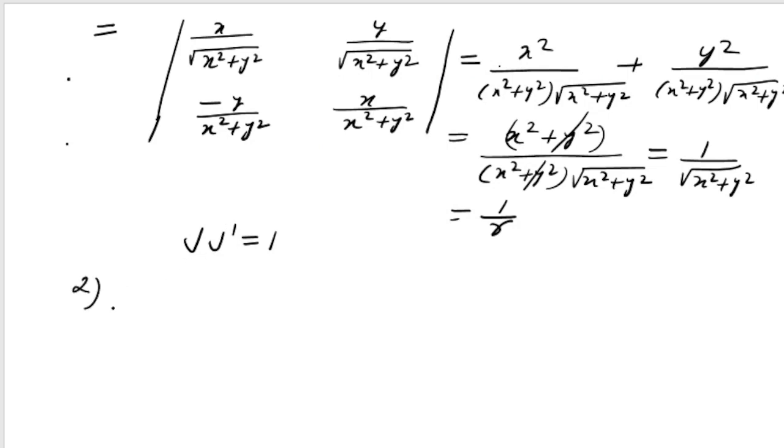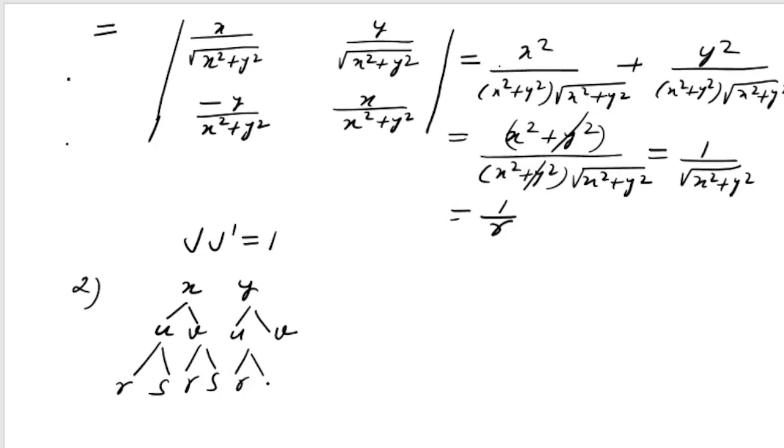Another property of Jacobian that I want to talk about: suppose we have two variables x and y, and suppose x and y are dependent on the variables u and v, and suppose u is further dependent on the variables r and s, and v is also dependent on r and s. So here u and v are functions of r and s, and suppose I want to find the Jacobian of transformation del xy by del rs.